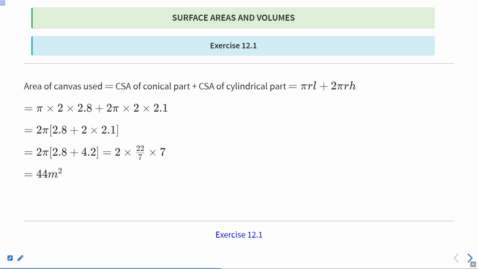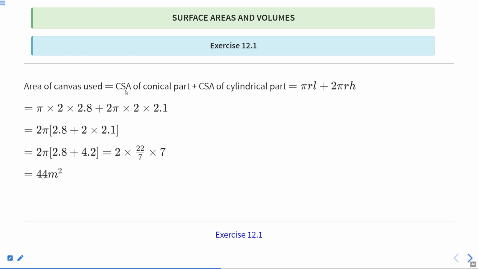Now we can put the values of r, l and h. The radius of the conical part is 2 and the slant height is 2.8, and the radius of the cylindrical part is 2, and the height of the cylindrical part is 2.1 meter.